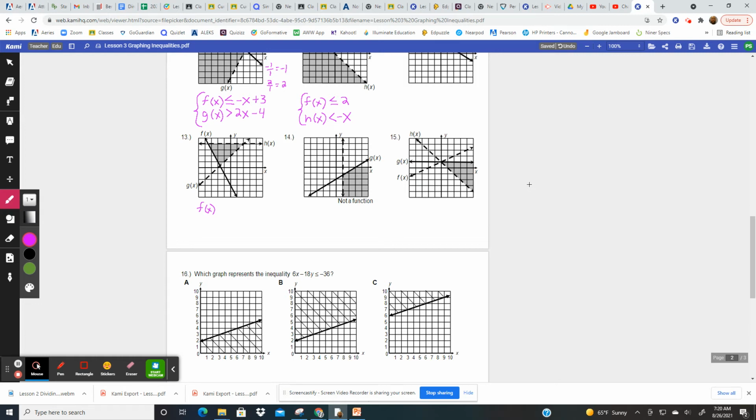So it's greater than or equal to because it's a solid line. So there's the equal to. And for my slope, I need 2 points. So I'm going to choose this one and this one. So down 2, right 1 is negative 2 over positive 1, which is negative 2. And my y-intercept is right here at negative 1, 2, 3.